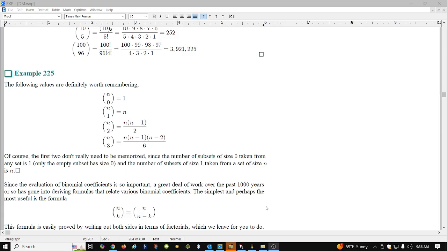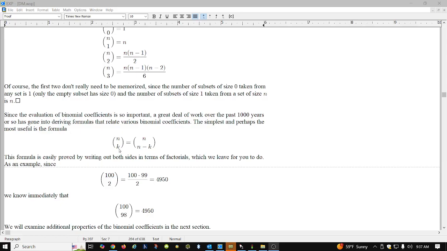It's a paperback, a couple hundred pages, and it's just formula after formula. That's all. It's just a reference book. So there are thousands of formulas relating binomial coefficients. There are a handful of them that are quite useful. I'm going to talk about some of these in the next section, so probably the next video.